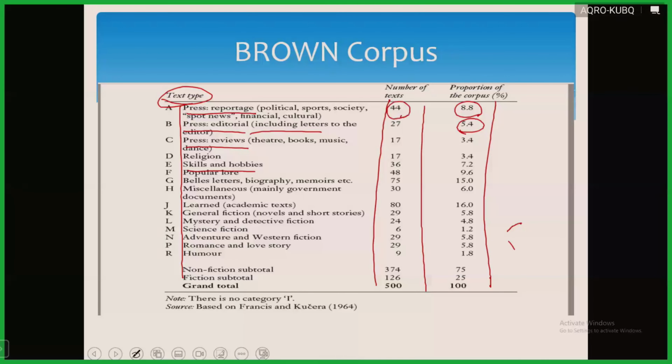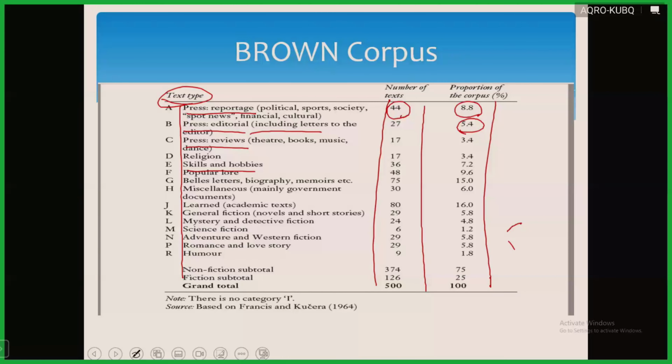If you have one PhD thesis of nearly 90,000 words, and if you talk about research articles, there may be 50, 20 or 30 research articles, and the data may be 100,000 words.